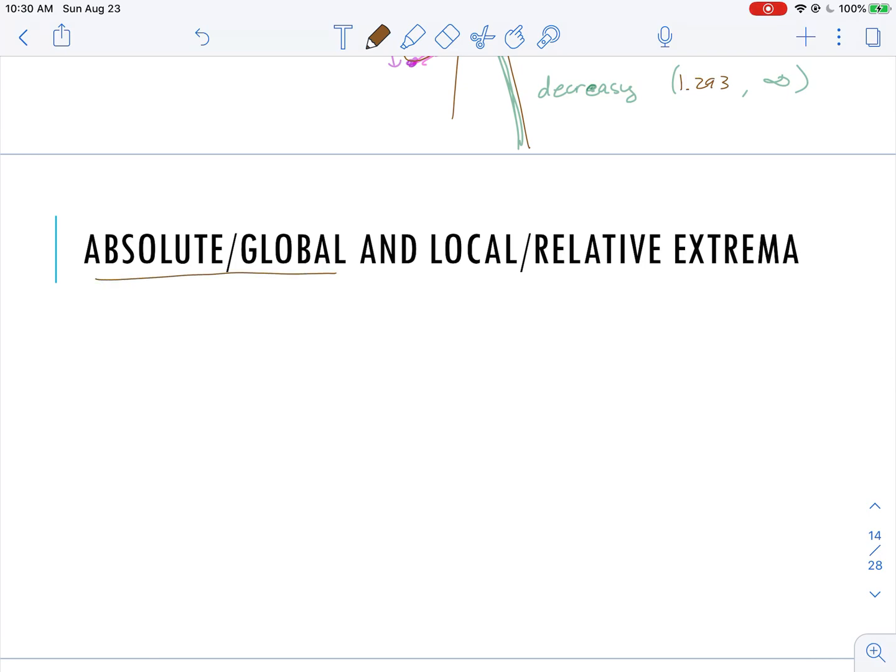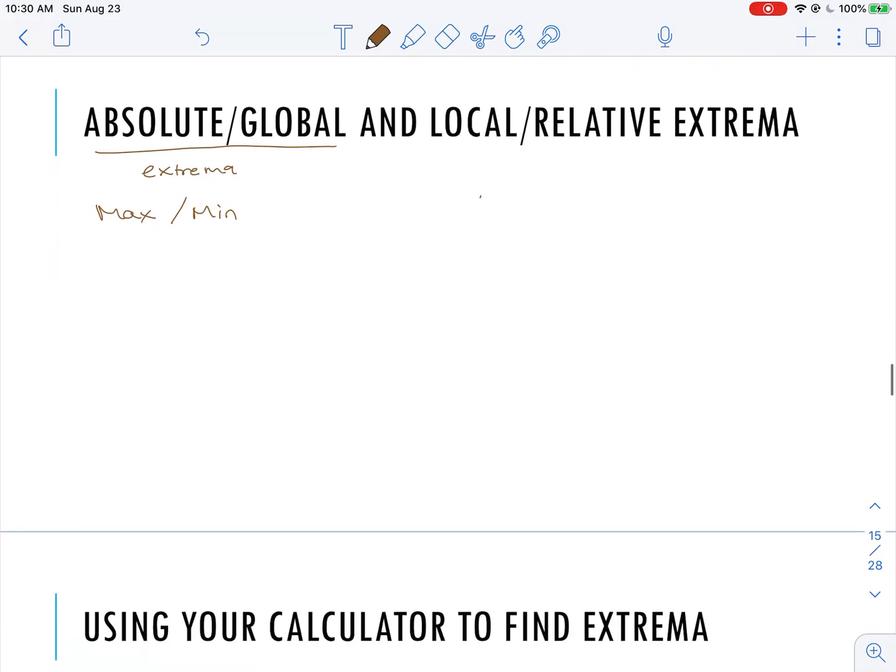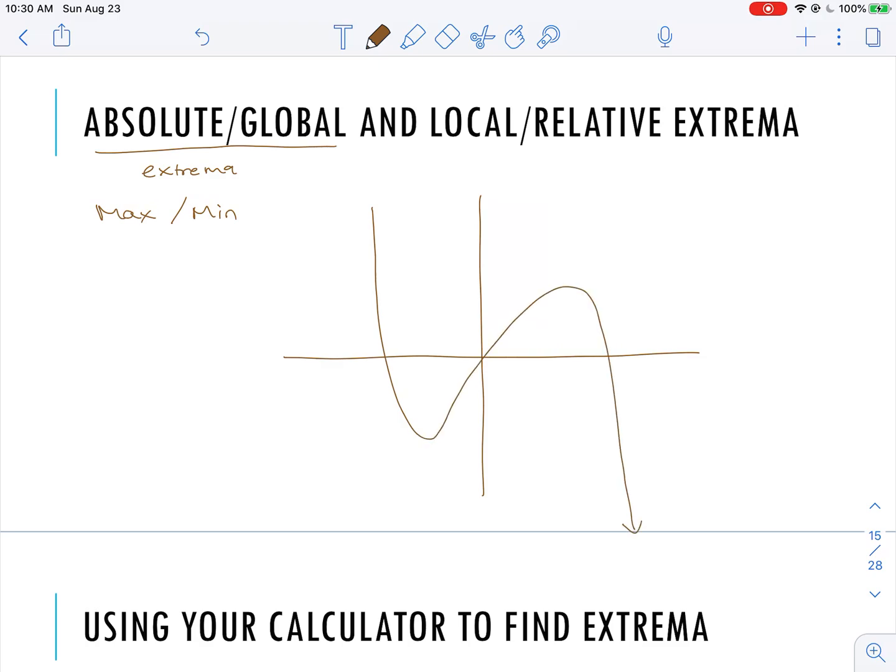Absolute, global, local, and relative extrema. Absolute or global extrema are the max and min on the graph. So if I had a graph that looks like this, the highest value that this graph is going to go for the y value would be infinity.